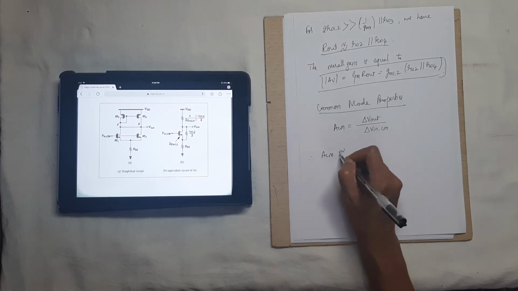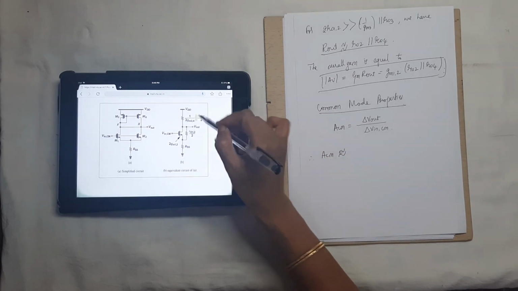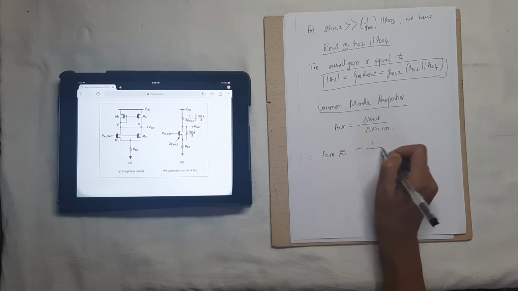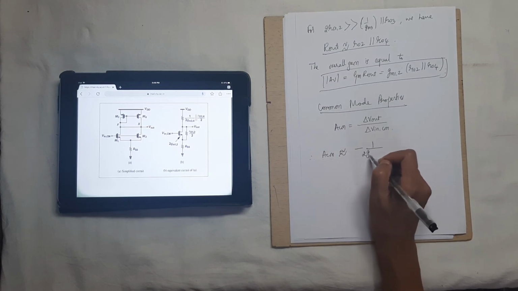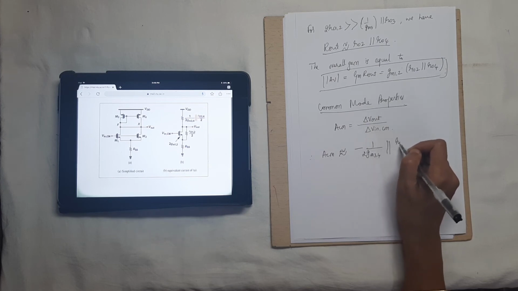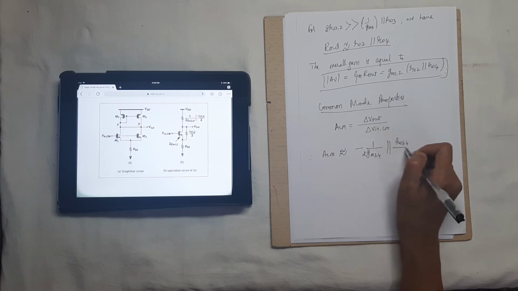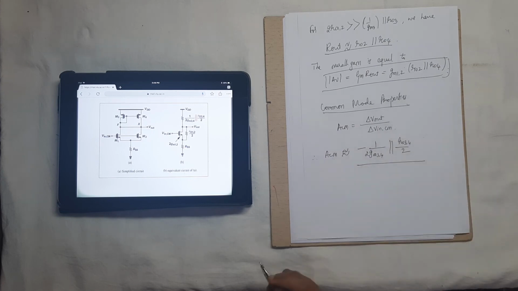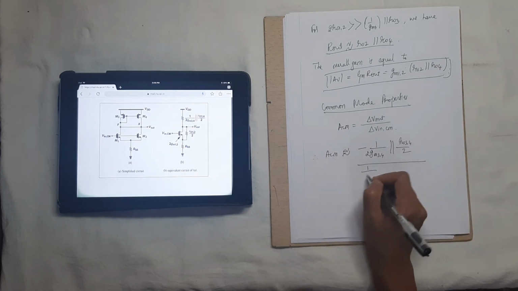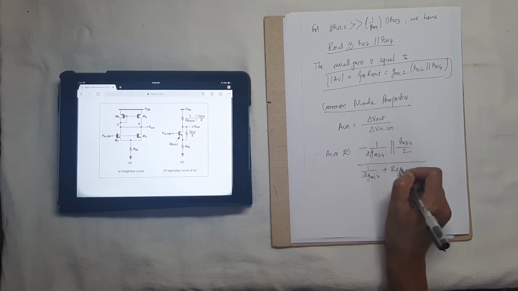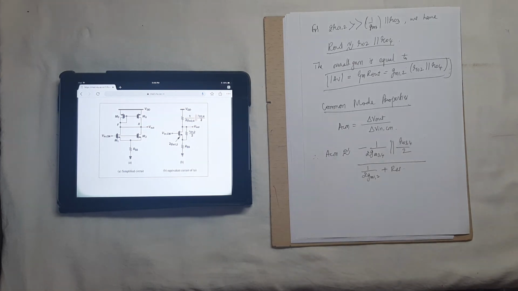So ACM is nearly equal to minus this resistance, 1 upon 2 GM34 parallel to RO34 divided by 2, divided by 1 upon 2 GM12 plus RSS. This is the ACM, and this expression we have already seen in the common source stage.